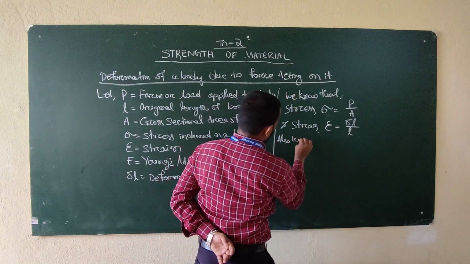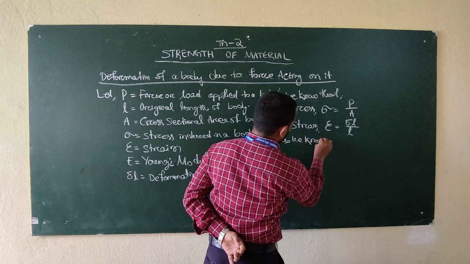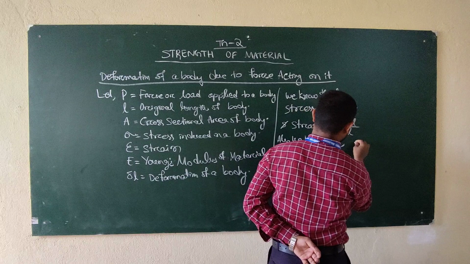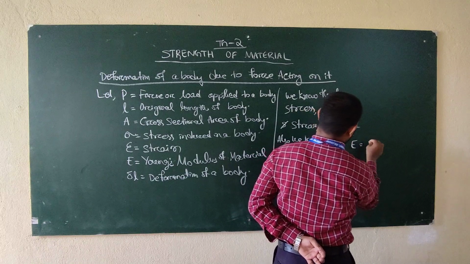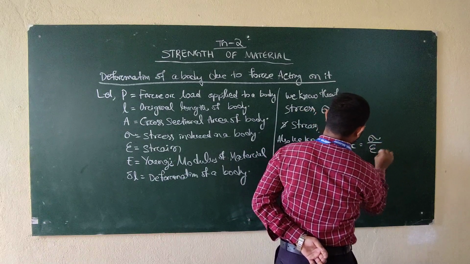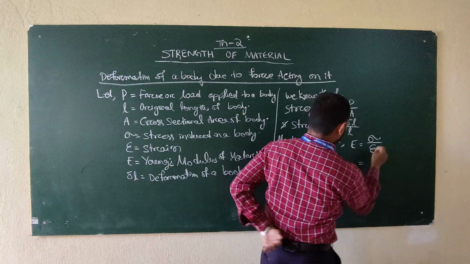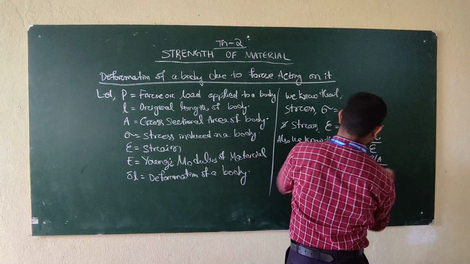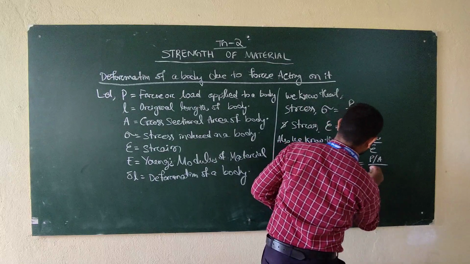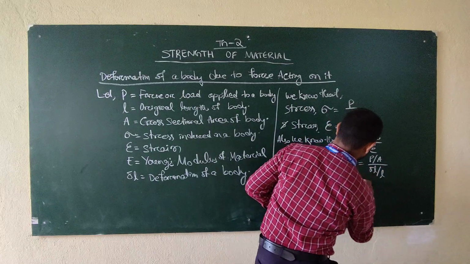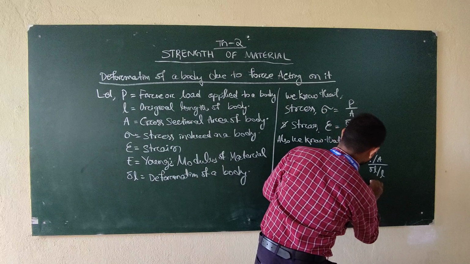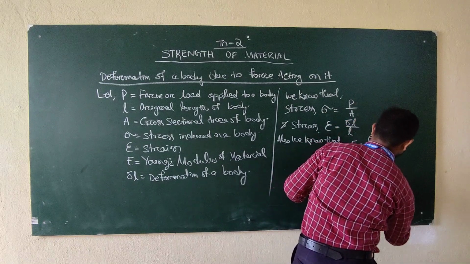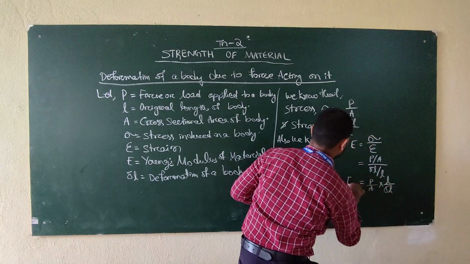Also we know that capital E, that is Young's modulus, equal to stress by strain. Stress is P by A, and strain is del L by L. So E equal to P by A into L by del L.